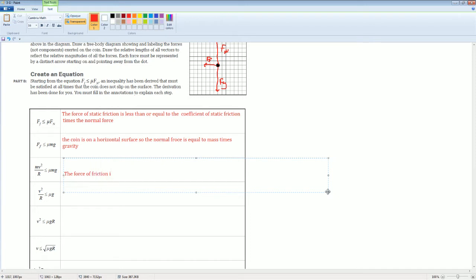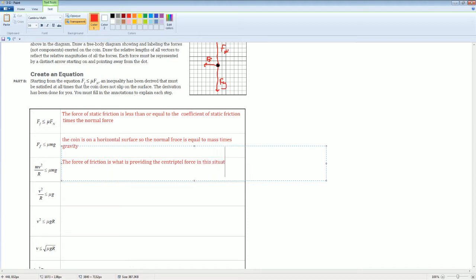The force of friction is what is providing the centripetal force in this situation.